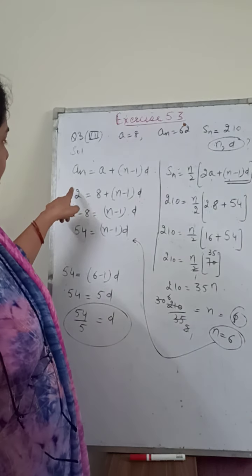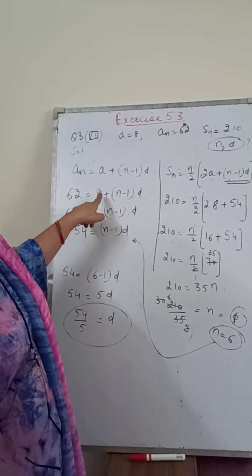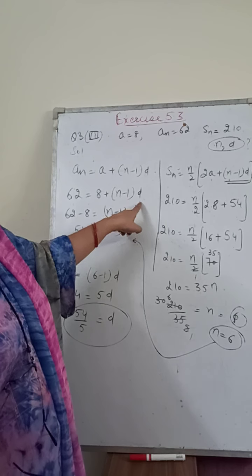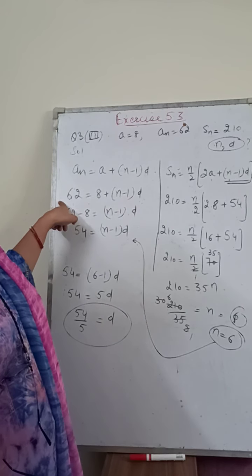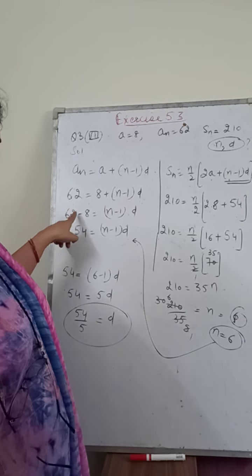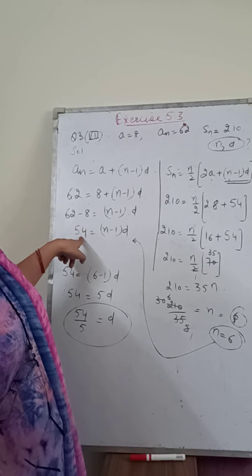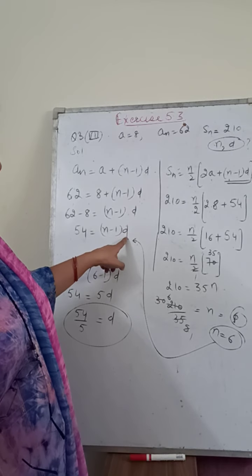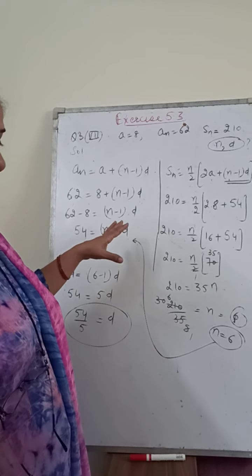Right? An 62 is equal to A, 8, plus n minus 1 into d. 8 will come to this side, it becomes negative. 62 minus 8 comes out to be 54 is equal to n minus 1 into d. But n is not given, d is not given, so let's leave it here.